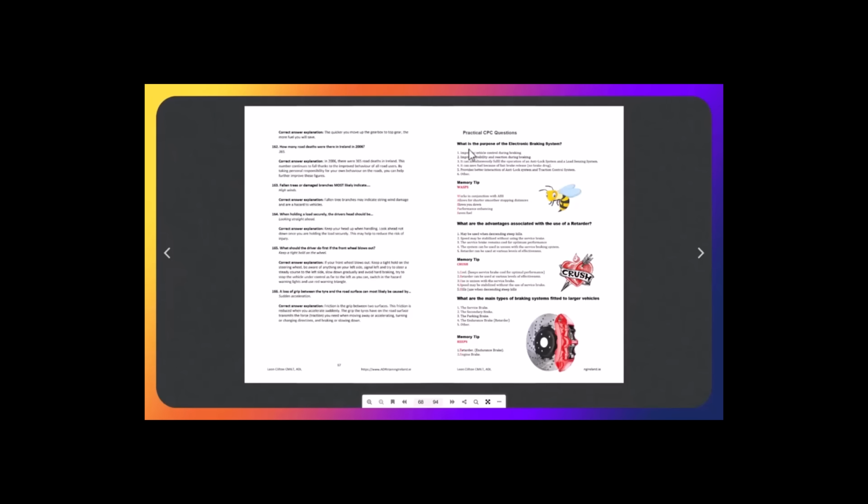And if you're having trouble, say with this question, there's a mnemonic for your WASPs. W for works in conjunction with ABS, A for allows shorter or smoother stopping distances, S for slows you down, P for performance enhancing, S for save fuel. So I don't want you to remember the mnemonics for all of the questions, only the ones you have trouble with. And people typically have trouble with the electronic braking system. There's an image to help you remember as well.